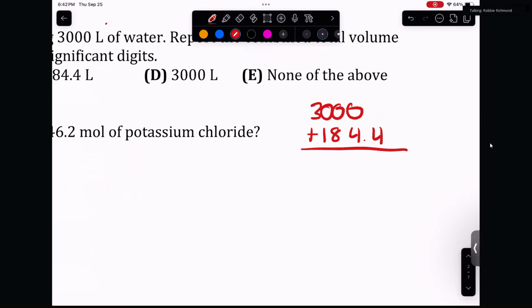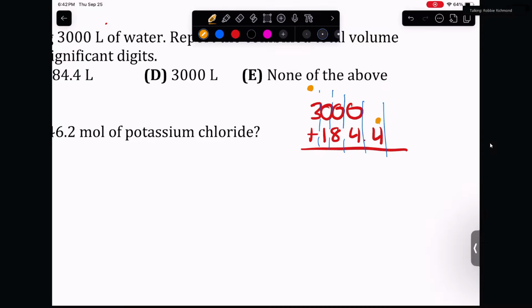So, how do I do this? I go and add everything and line all the numbers up. So this would be the thousandths place. This would be the hundredths, tenths, ones, and tenths. Now I would denote where the last significant digit is. For 3000, this is the last place. And for 184.4, this is the last place.